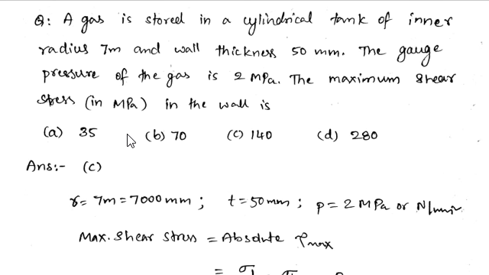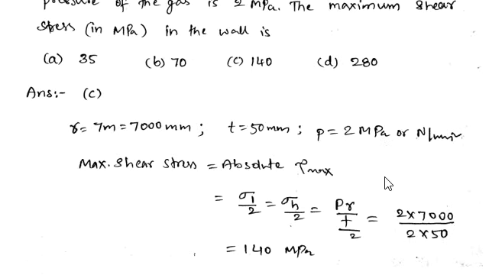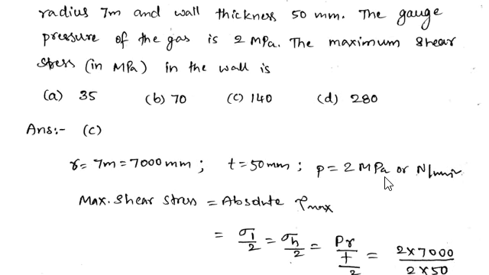So when you consider the maximum shear stress in a pressure vessel, that is the absolute tau max, and the absolute tau max for a pressure vessel is given by sigma 1 by 2, where sigma 1 is nothing but the maximum principal stress. The circumferential or hoop stress will become the maximum principal stress when it is acted upon by hoop stress and longitudinal stress.